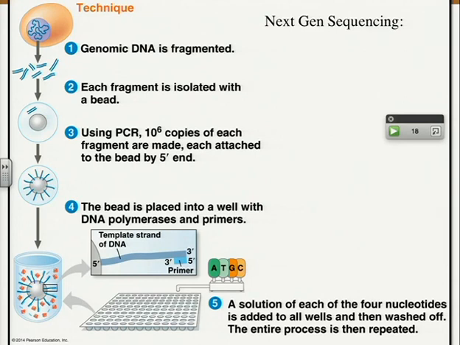You can take the DNA and fragment it and amplify individual fragments separately. You can attach them to beads and put them in these individual wells. So you have millions of different templates all being sequenced simultaneously. And again, of course, this is all done robotically.